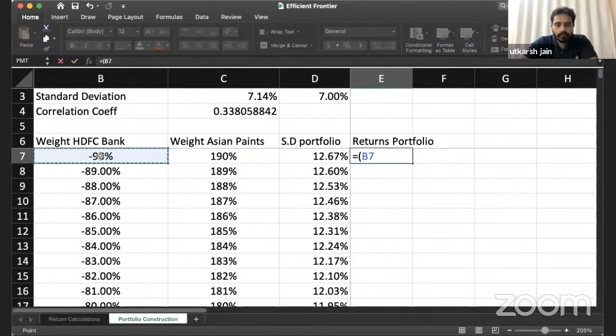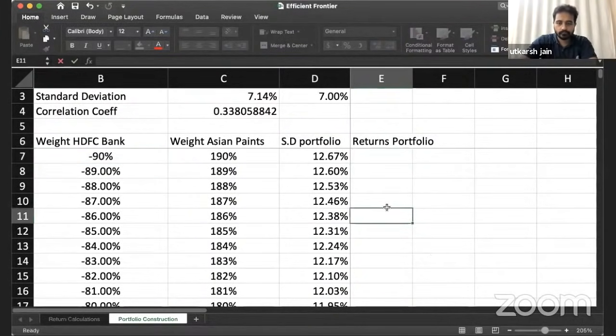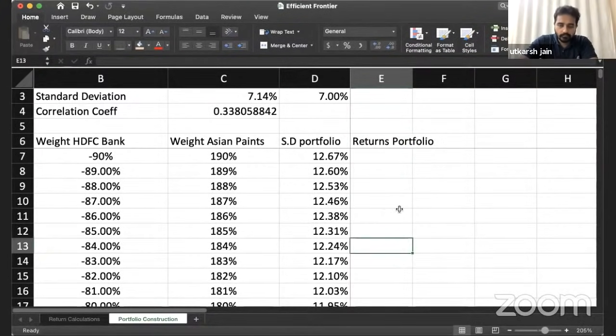So weight of the HDFC Bank multiplied with the returns. Okay, this Zoom panel is obstructing it. All right. The returns. Wait a minute, guys. Okay, some bugs in my Excel.